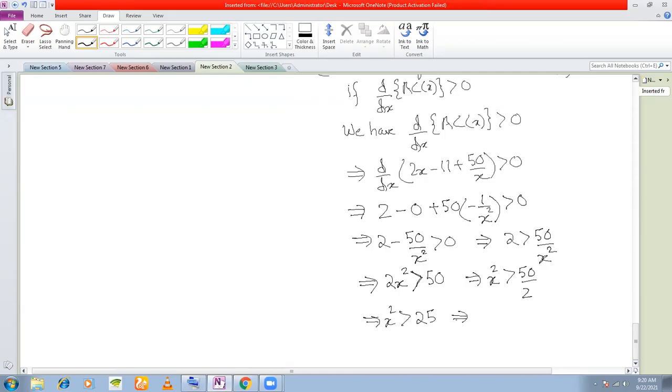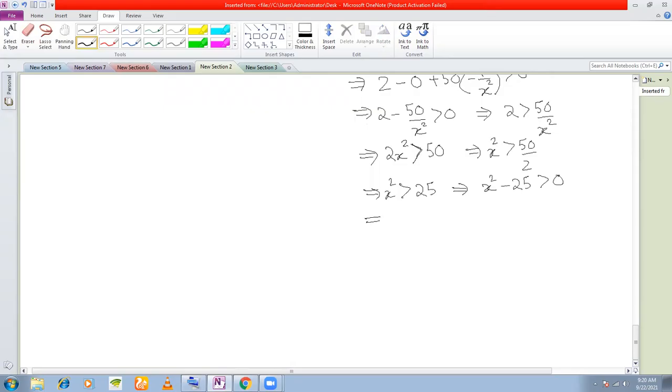Now, how to solve this inequality? You cannot say x square is greater than 5. No. You write this as x square minus 25 is greater than 0, which can now be factorized as x square minus 5 square greater than 0, which can now be written as x plus 5 into x minus 5. x cannot be negative, because the number of units produced cannot be negative.